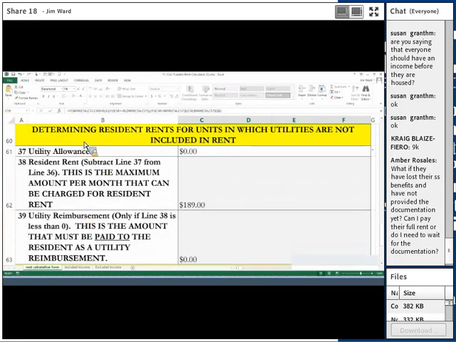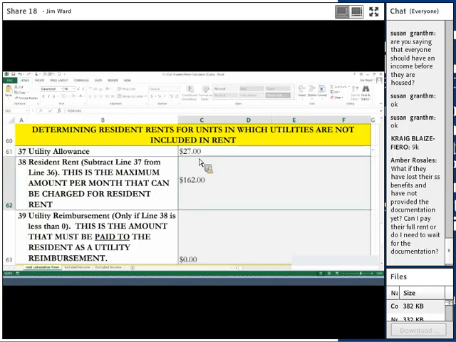For participants residing in units in which utilities are not included in the rent, on line 37 of the calculator or 61 of the worksheet, I don't like the way it does that, but I haven't fixed it. Line 37 actually allows you to put in the utility allowance. In the example that we used earlier, I think the utility allowance would have worked out to be like $27 or something like that.